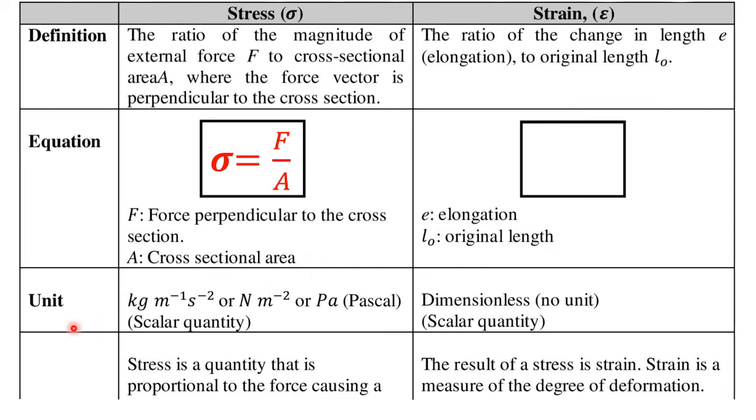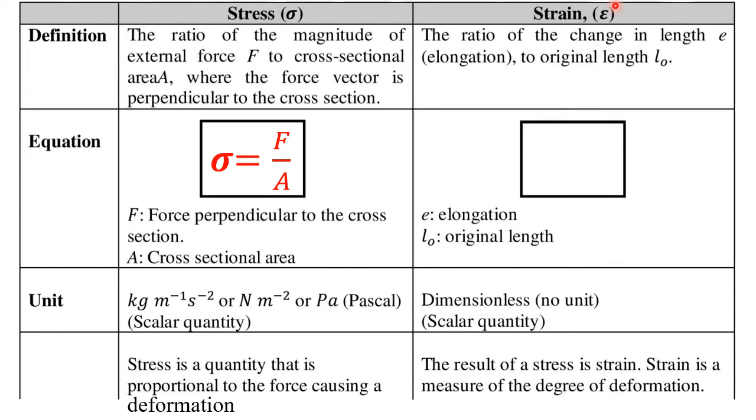So unit for stress is kilogram per meter per second squared or Newton per meter squared or Pascal. Stress is a scalar quantity. Stress is a quantity that is proportional to the force causing a deformation.